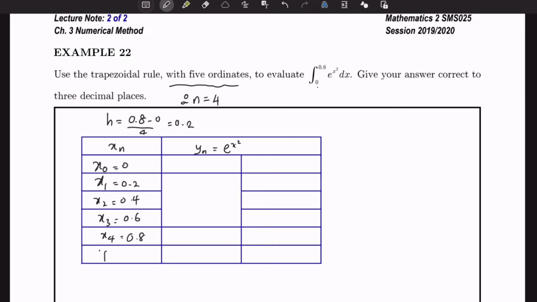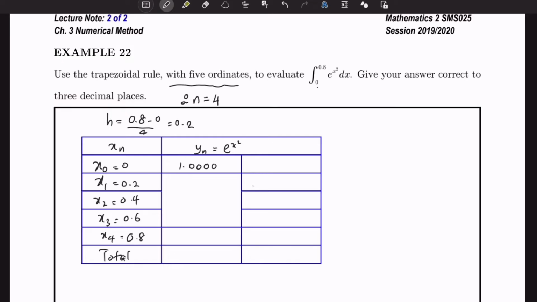The last row will be total. So press your calculator. So this is 1.000. We want 3 decimal places, so you give your values in your table during workings to 4. You need to give it an extra decimal place.